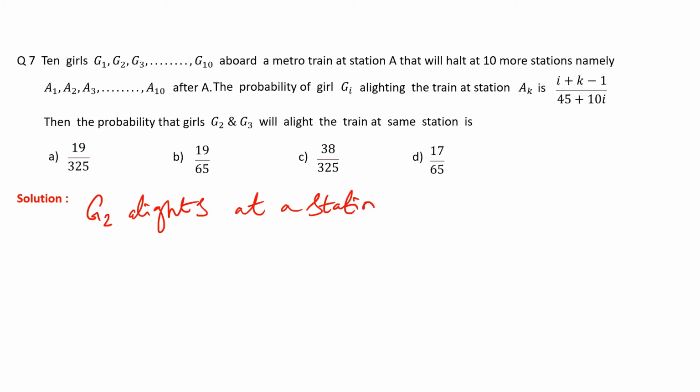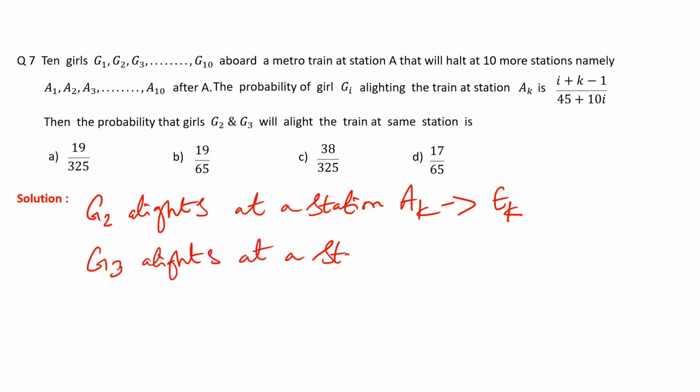Let's consider this event as Ek. Fine. And let's consider if girl G3 alights at a particular station Ak, then this event is Fk.